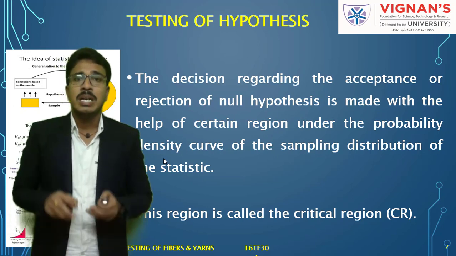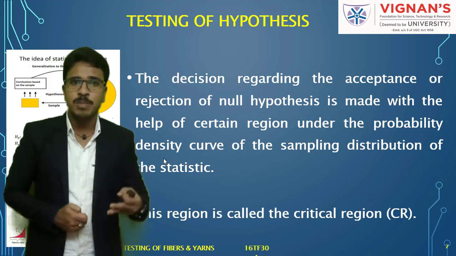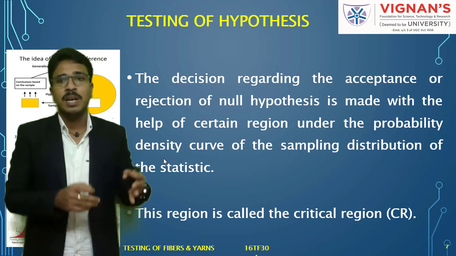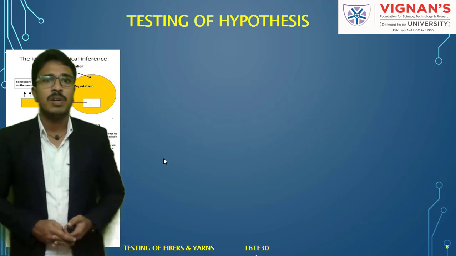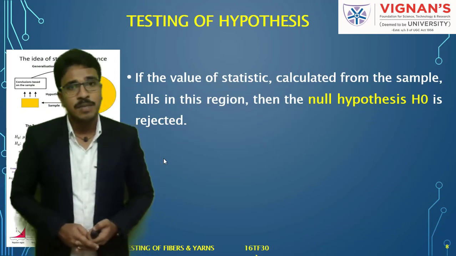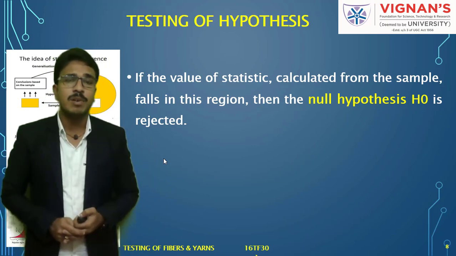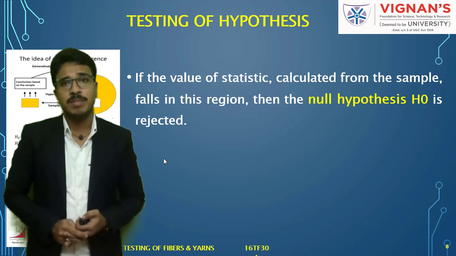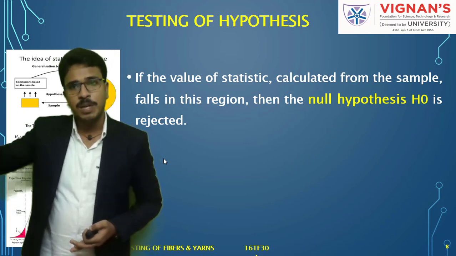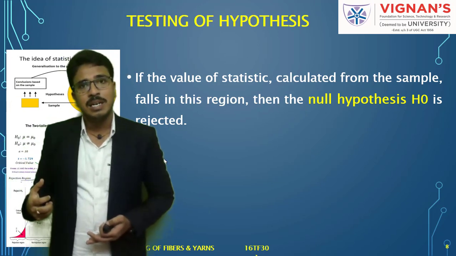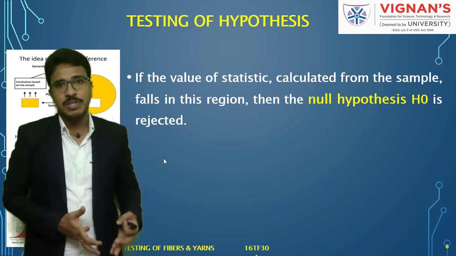Critical region is a region in the probability density curve of a normal distribution of the statistic. Now, if the value of the statistic calculated from the sample falls in this region... The population is there, from the population we select a sample, and that sample we measure.